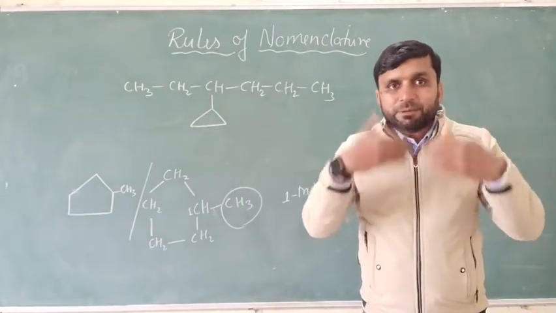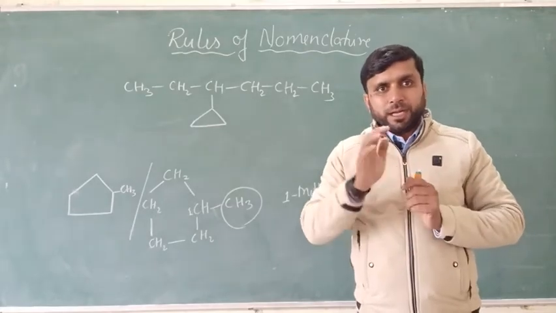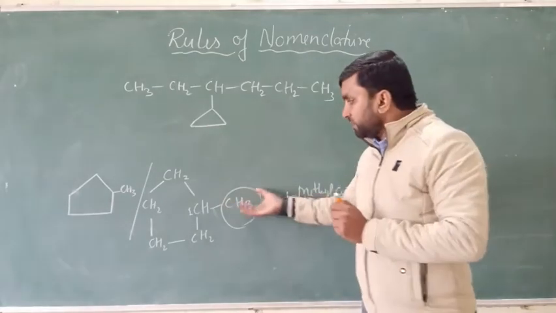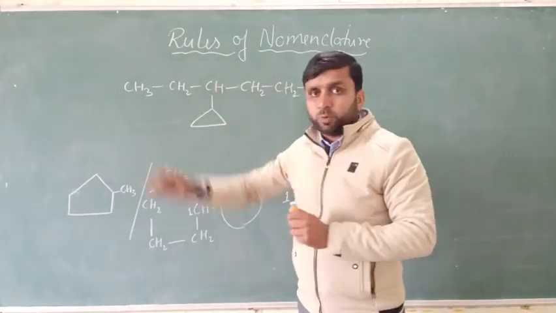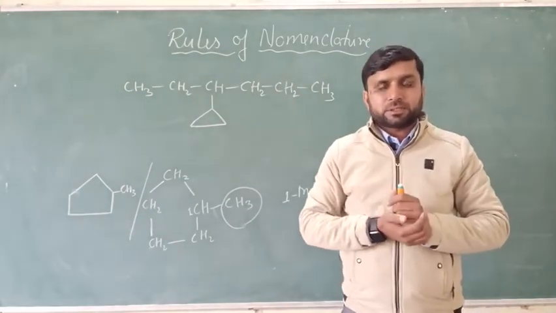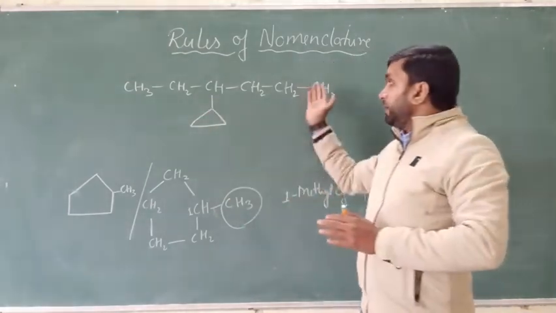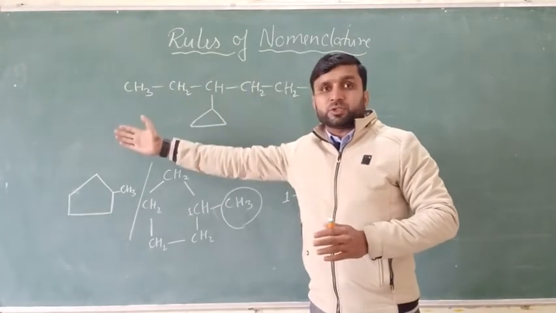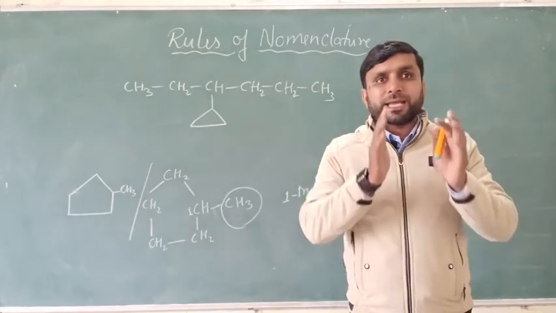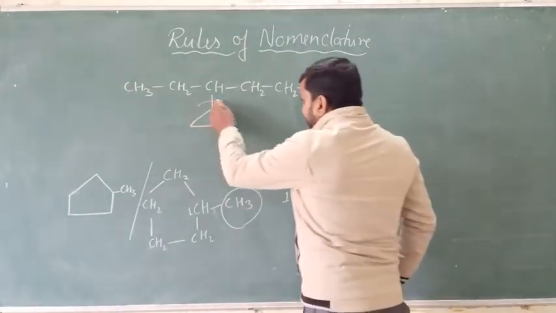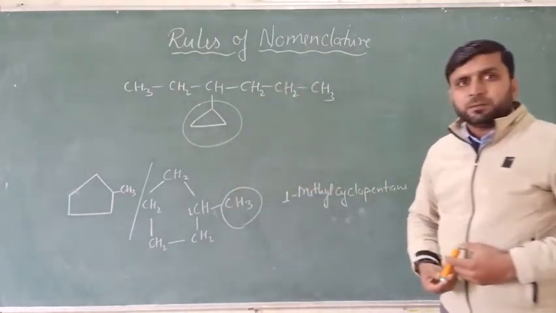So if the cycle has more carbons, then the cycle will be treated as the main compound, and whatever branch is present outside will be considered as a branch. But if the linear molecule has more carbon atoms and the cycle has fewer carbon atoms compared to this linear chain, then the cycle will be treated as the branch.